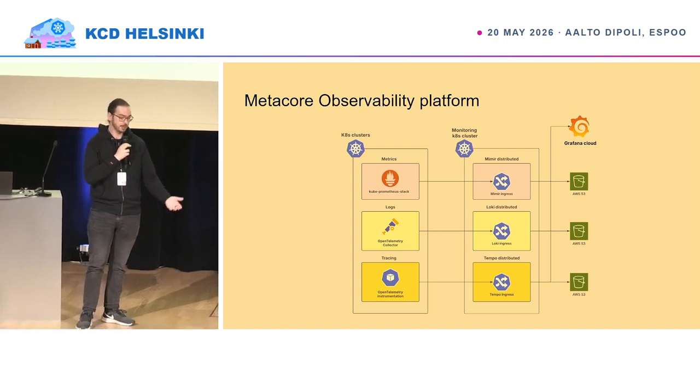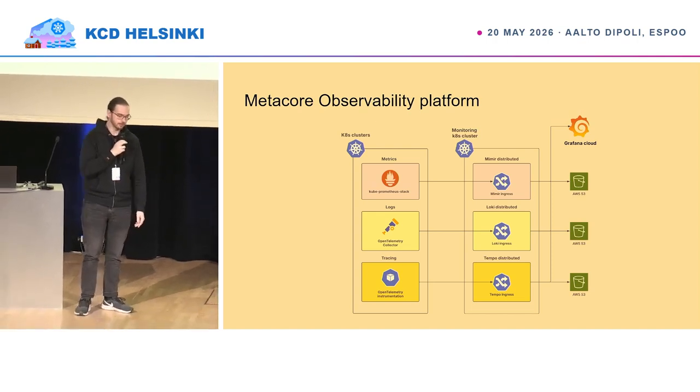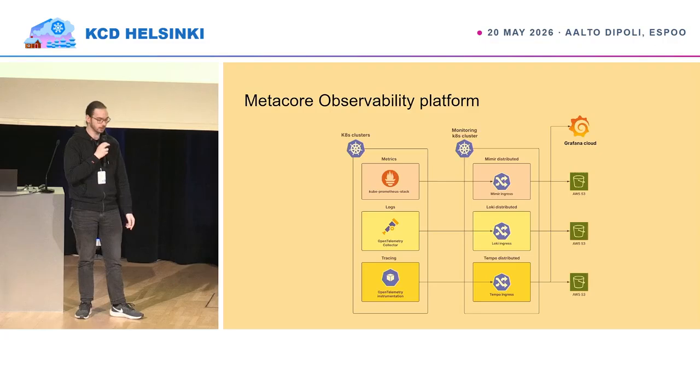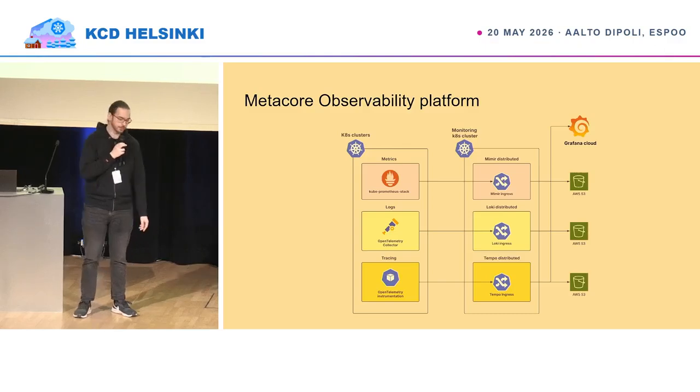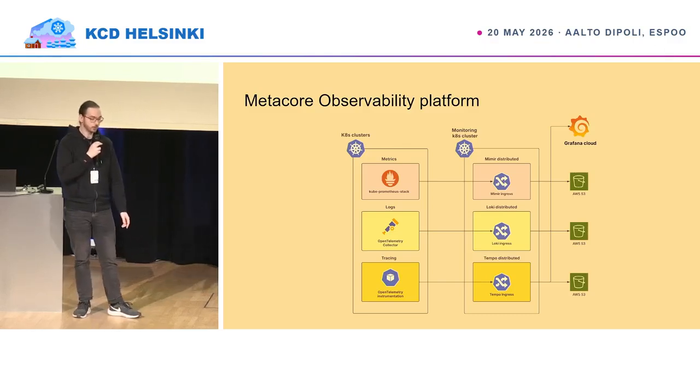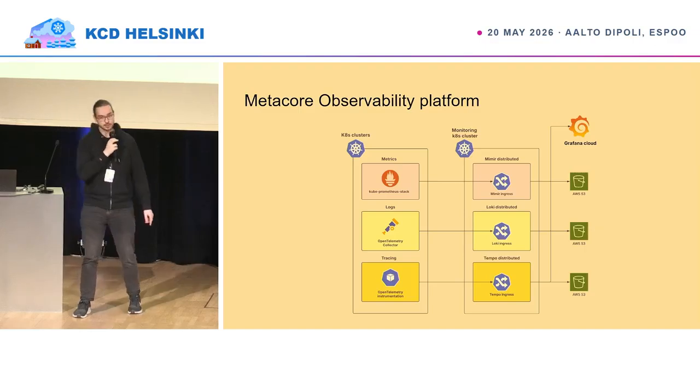So we have Mimir for metrics, Loki for the logs, and Tempo for traces. For the sending part, we are using Prometheus for metrics, and for logs and traces, we are using OpenTelemetry Collector.